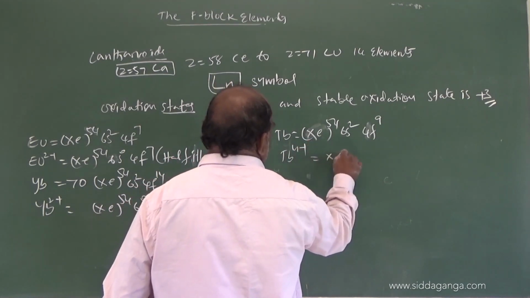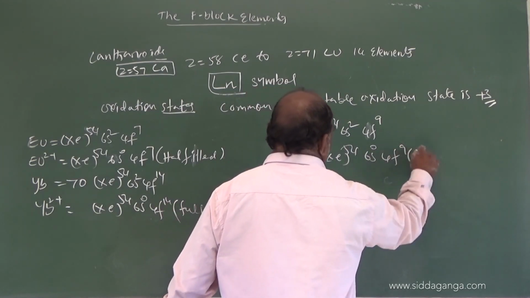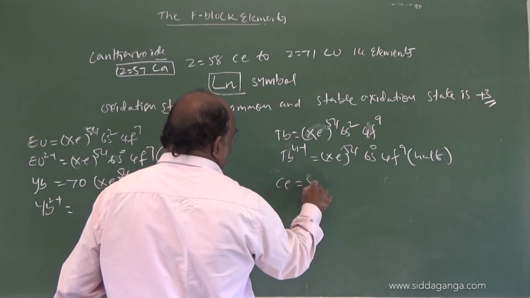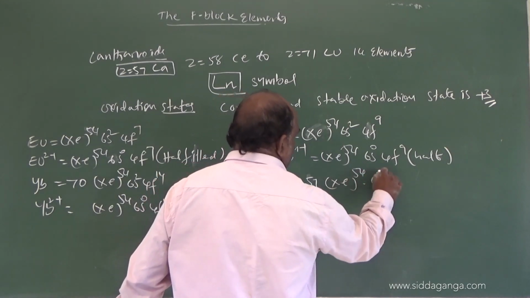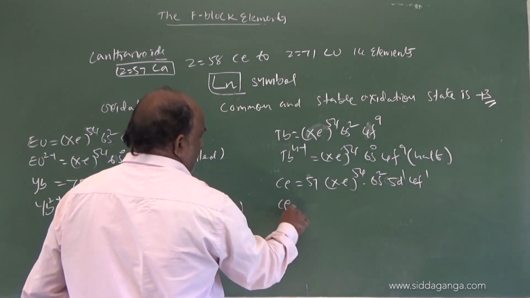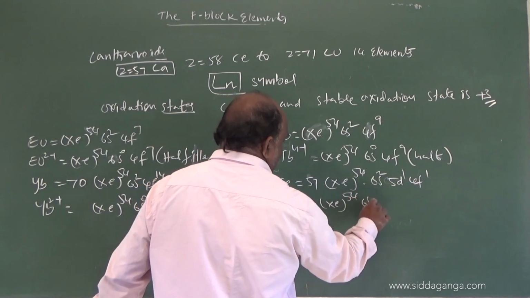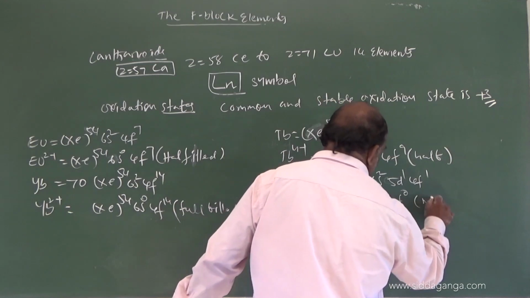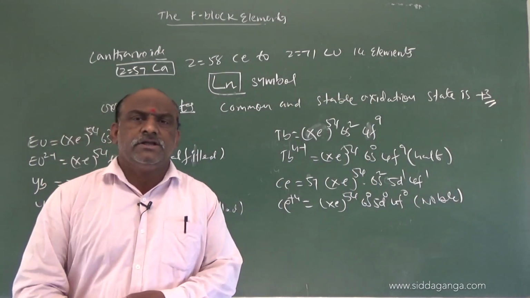Xenon 54, 6s0, 4f7, it is half filled. And cerium 58, xenon 54, 6s2, 5d1, 4f1, and Ce4+ is xenon 54, 6s0, 5d0, 4f0, it is noble gas configuration.